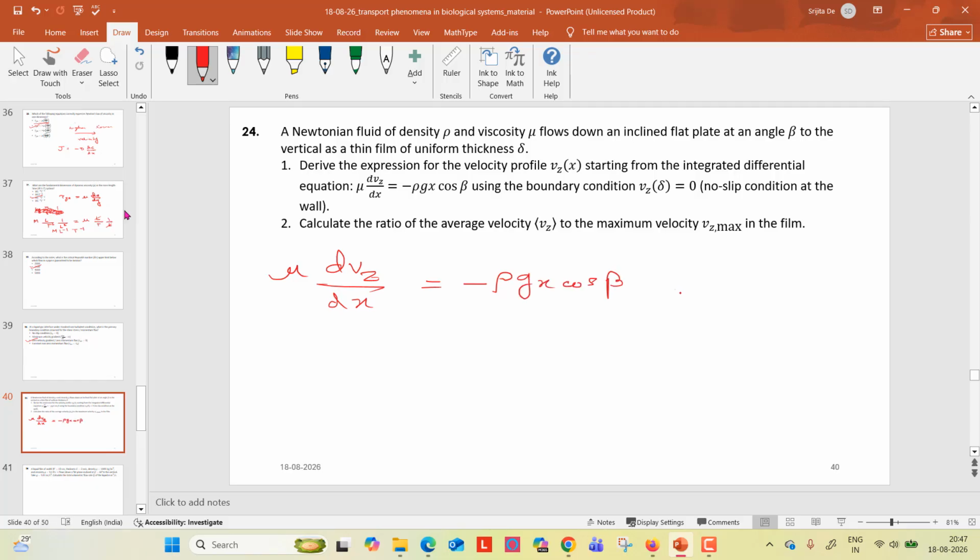Now vz equals minus rho g cos beta by mu, and for x it is x square by 2 plus c, right? Now we are applying the boundary condition that at x equals delta, vz is 0, because it is the no slip boundary condition, right?